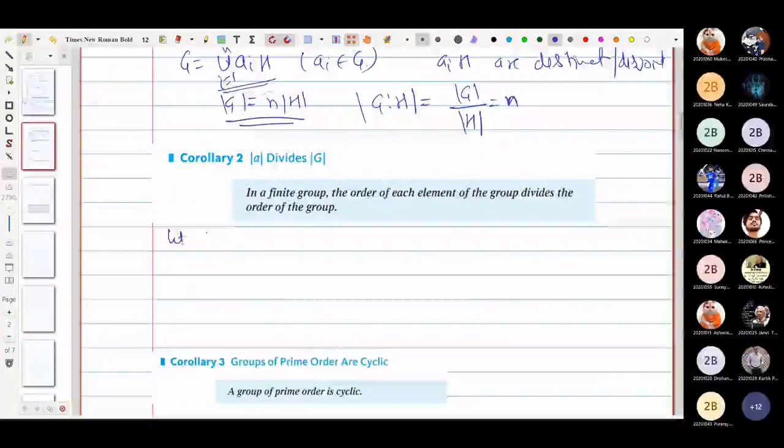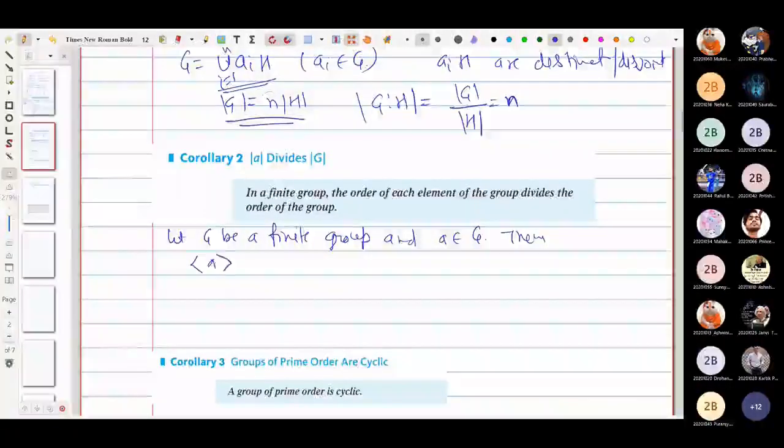So for this, let G be a finite group, and a is some element in G. As you know, in the midway, we discussed the cyclic group.